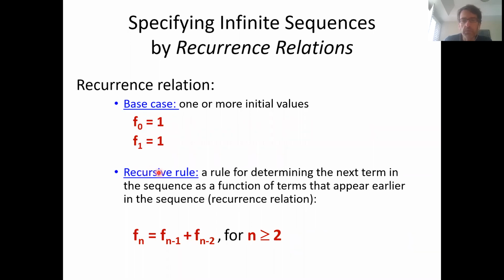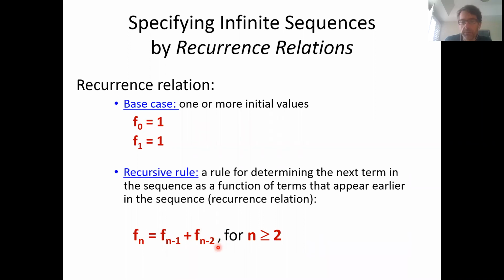And then I have a recursive rule, which is the second part of the definition. That's a rule which defines the next element in the sequence using some formula, some function of previous elements, some number of them.